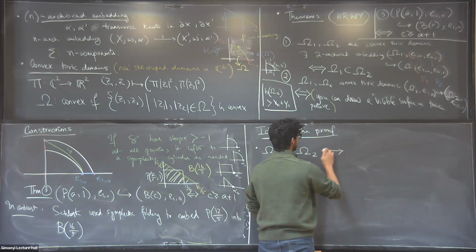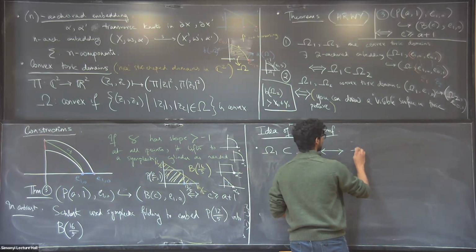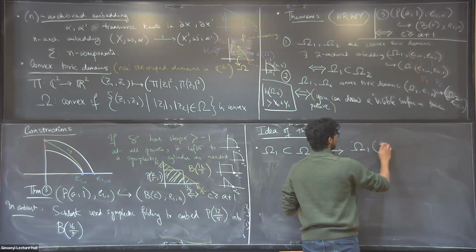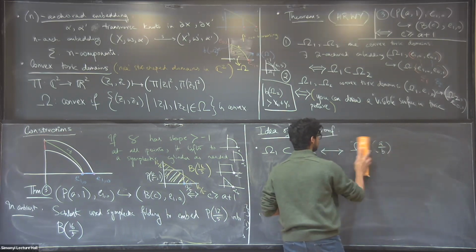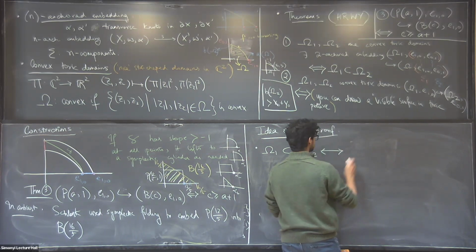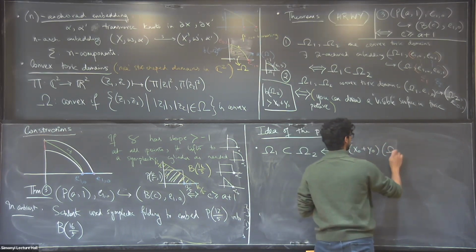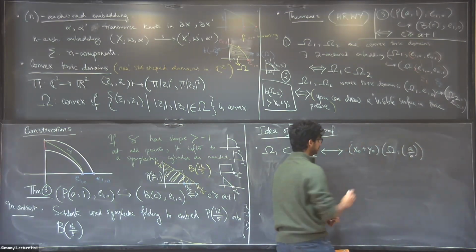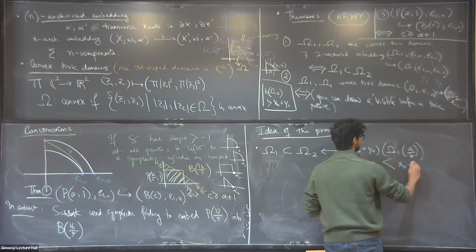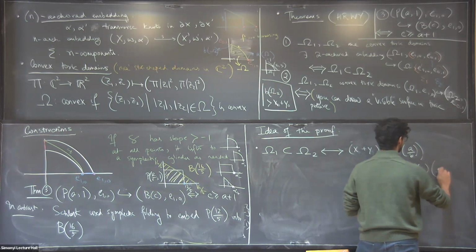We can interpret that by saying that the x0 plus y0 of the point where omega 1 has slope A over B is less than the x and y coordinates of the corresponding points.